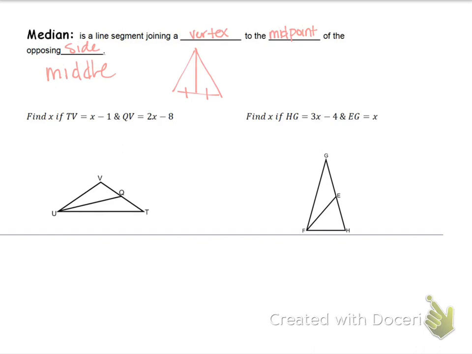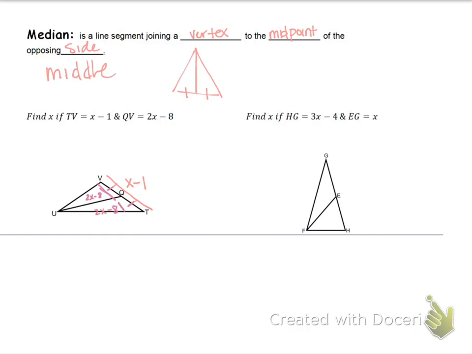Okay, then we've got some examples. Find x if TV is x minus 1, QV is 2x minus 8, and QU is a median. If it's a median, that means these are congruent. So I label my picture: TV is x minus 1, QV is 2x minus 8, and this other length is also 2x minus 8.